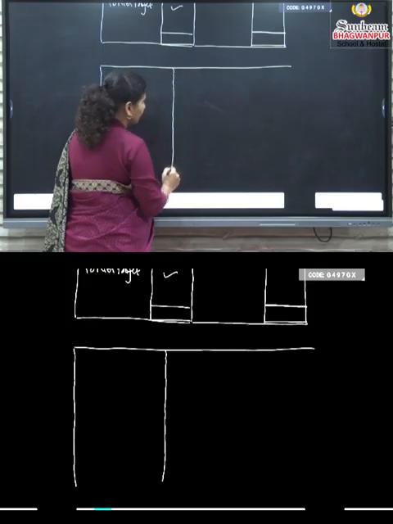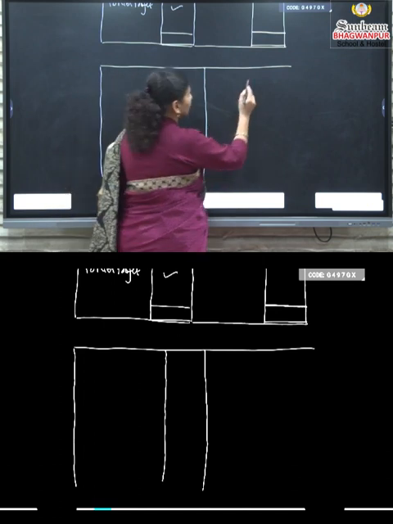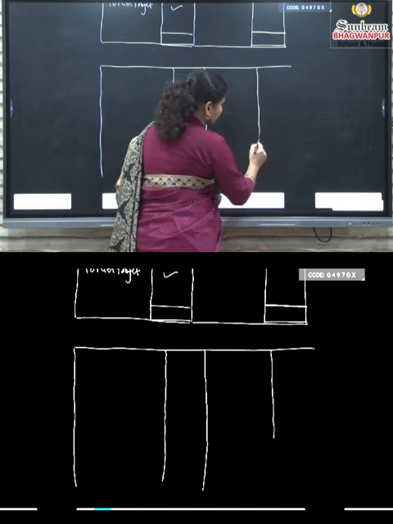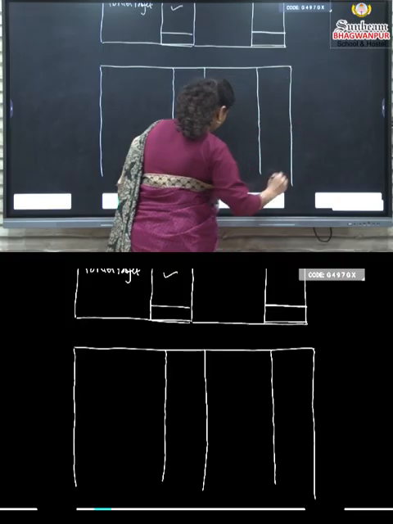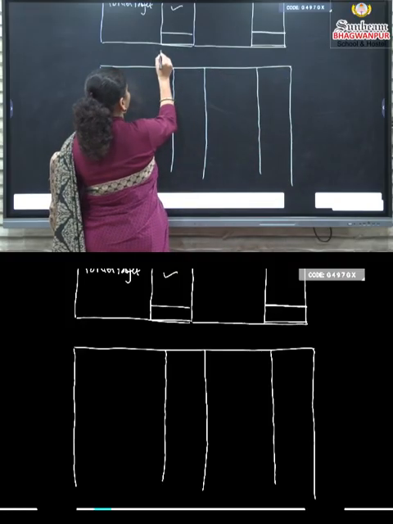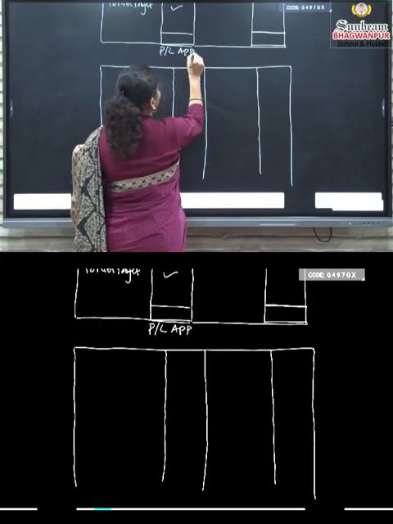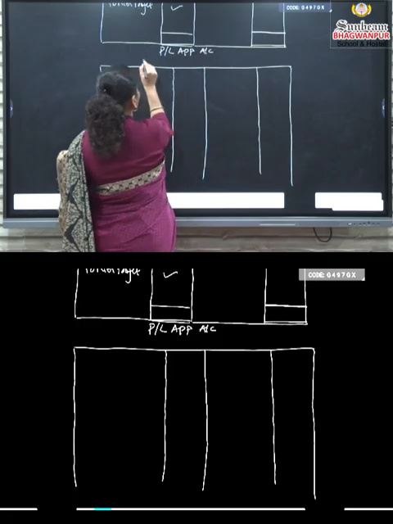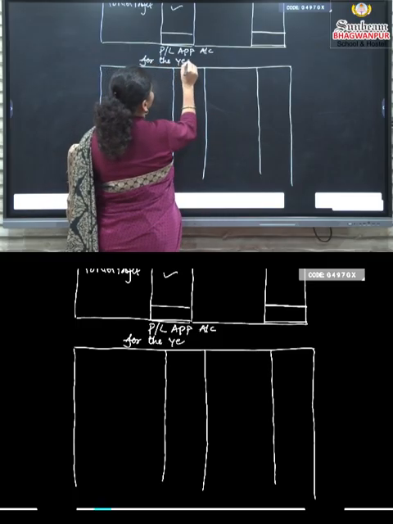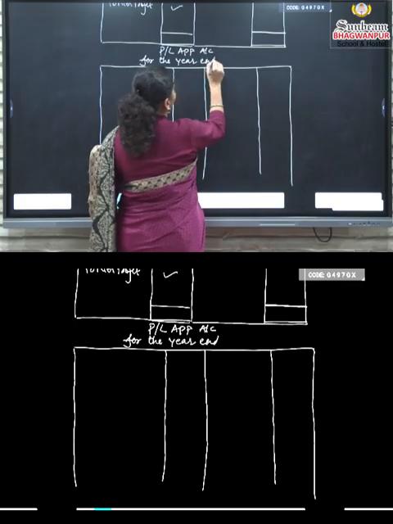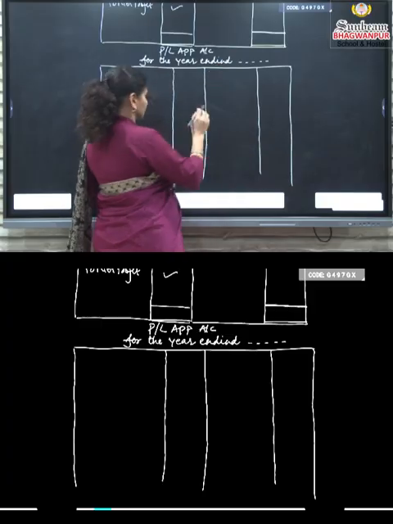Let us discuss the format of PL appropriation, but before that I would like to add some basic information related to PL appropriation. On the top we will write PL appropriation account for the year ending, whatever the year is given.